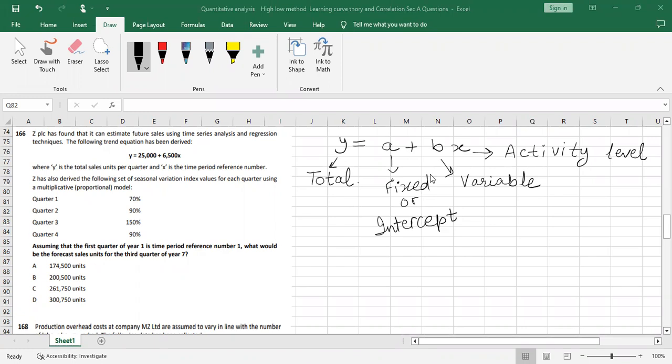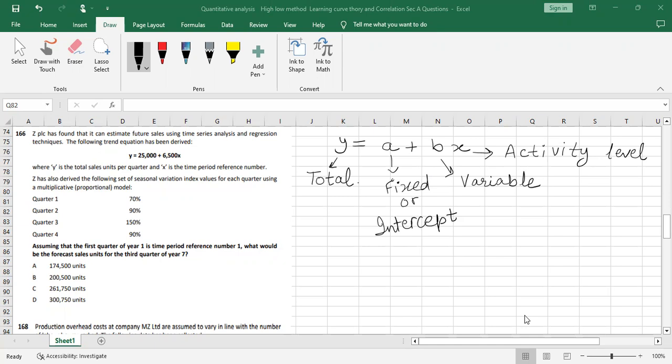Activity level could be your number of machine hours, your production units, your advertisement expenditure, your number of months, or your number of quarters. X denotes activity level. Right? Any question related to this formula?